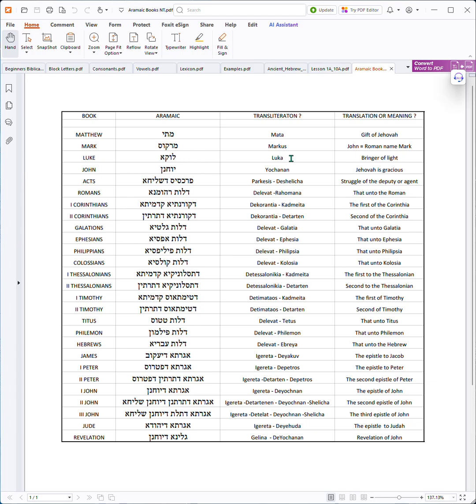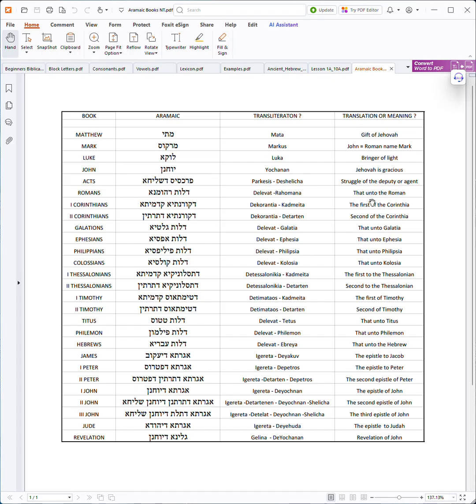And this is Luca. Luca, bringer of light. Yochanan is the book of John. Jehovah is gracious. Acts, and this is the struggle of the deputy or agent. So that's what Acts is about.